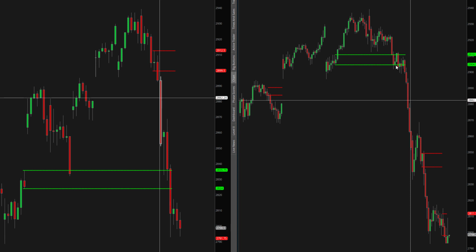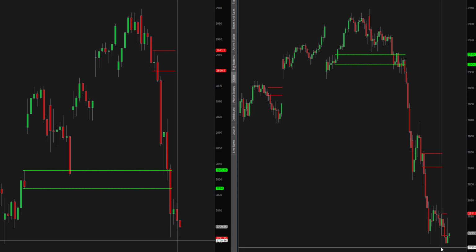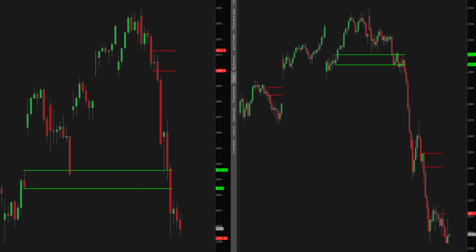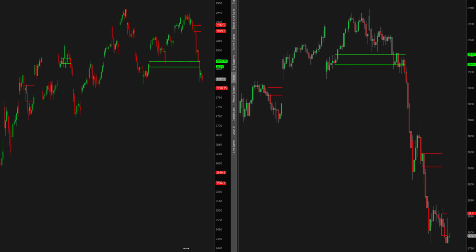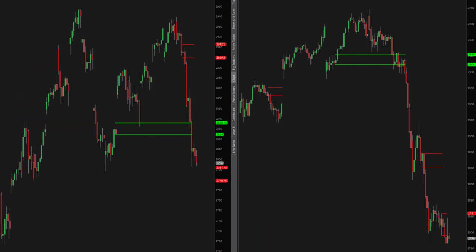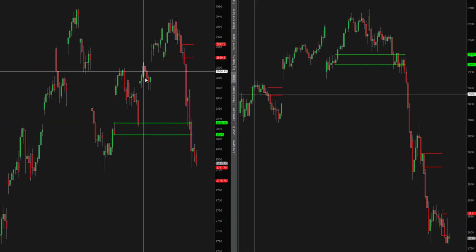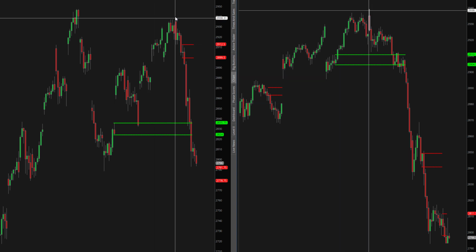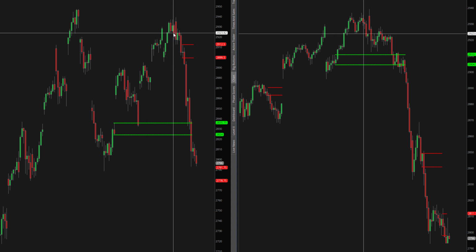Now, if we look at this down move here and we zoom out to a 60-minute chart, you can see on the 60-minute chart, we haven't confirmed a downtrend yet. Our last pivot is right here, and this pivot gave me what I would consider to be an uptrend.